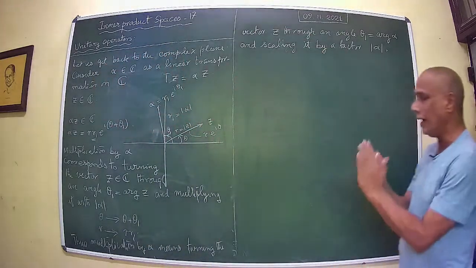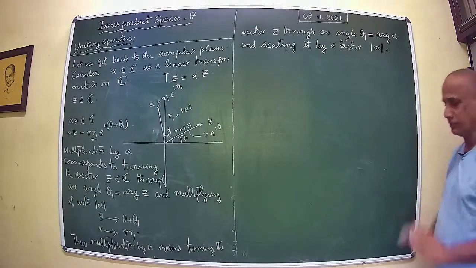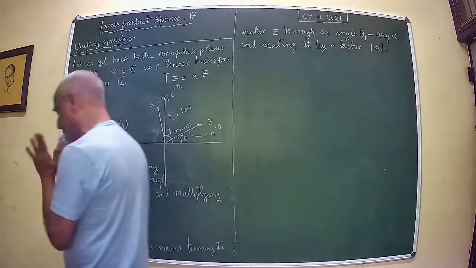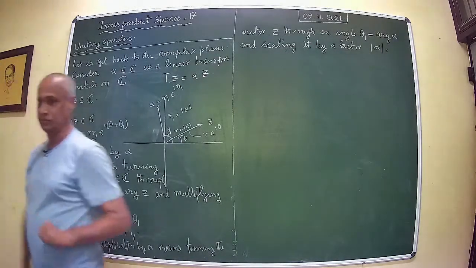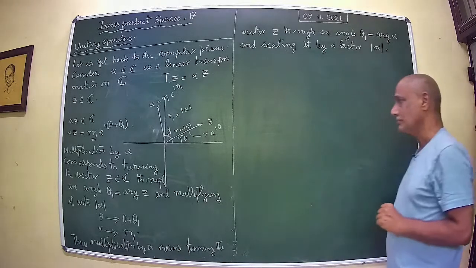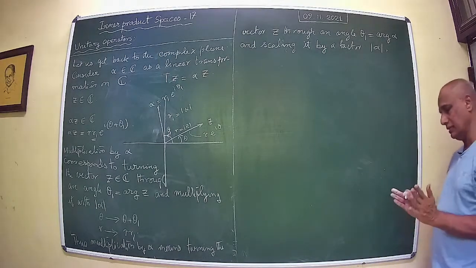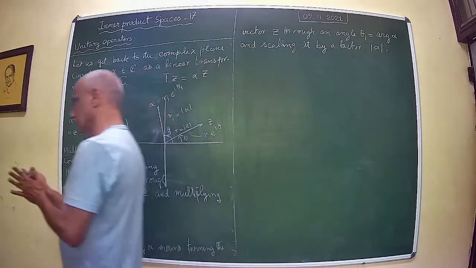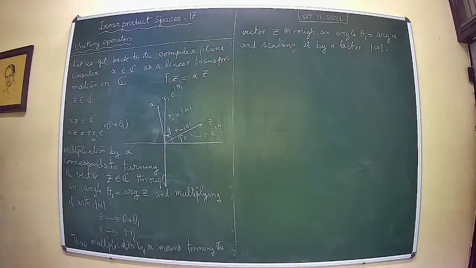We make certain observations. Suppose you take two vectors z1 and z2, and then multiply both by the same complex number alpha.